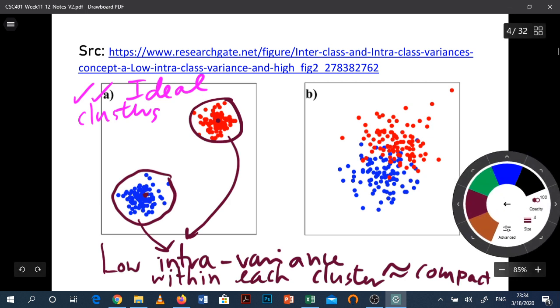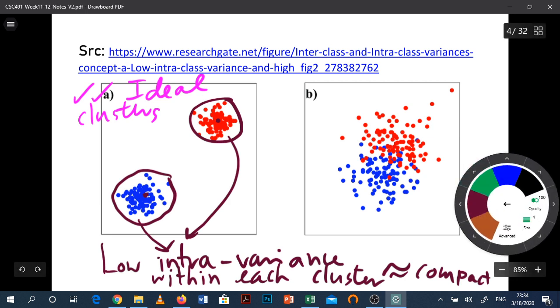At the same time, if I draw a straight line between two cluster centers, you can see that they are quite far apart.